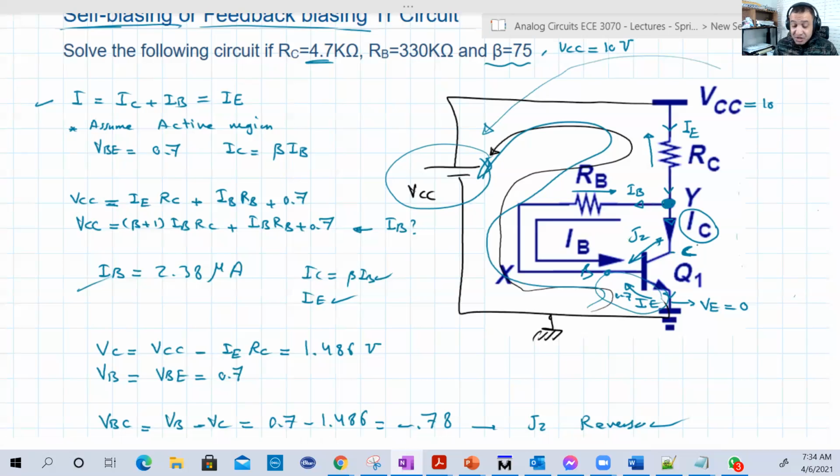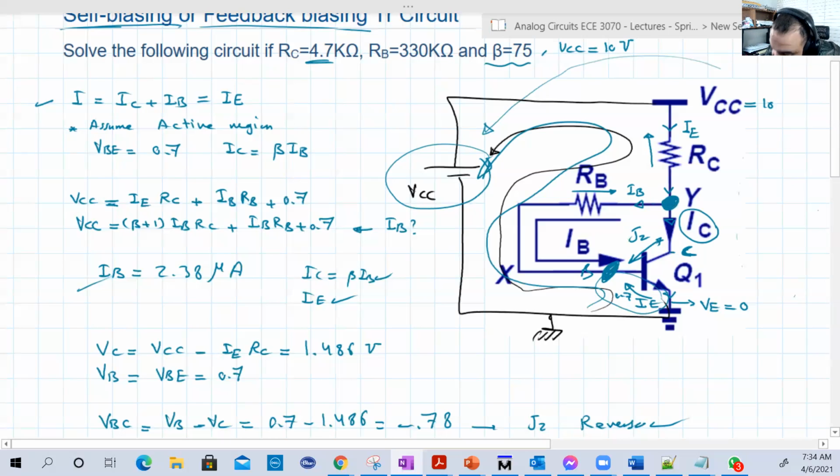And this condition is satisfied all the time here. If you want this junction to be off, one option is to make it reverse, right? To make VC, this voltage here, greater than VB, this voltage here. And that's basically the case.